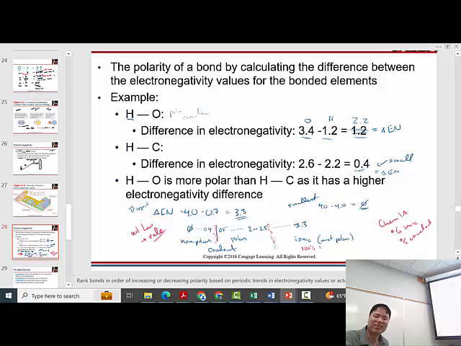Over here it'd be 0% ionic, and over here it'd be 100% ionic, but 0% covalent. And this would give us a more continuous spectrum than just trying to put it into 3 categories, small, medium, large.